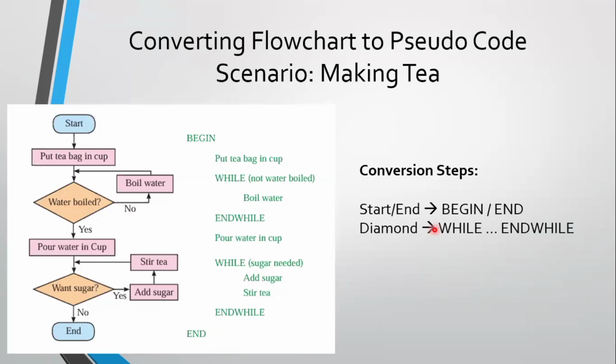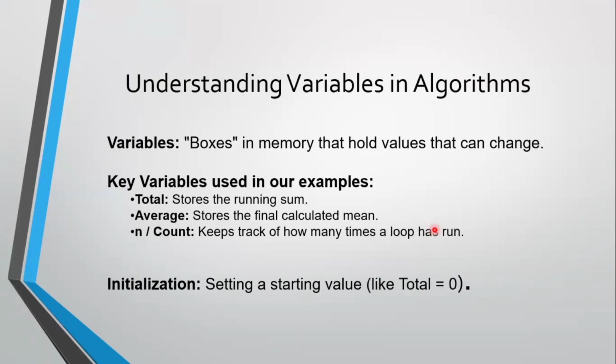Now, to understand these codes, you must understand variables. Think of a variable like a labeled box. In our average program, total is a box where we keep adding more numbers. N is a box where we keep track of the count.